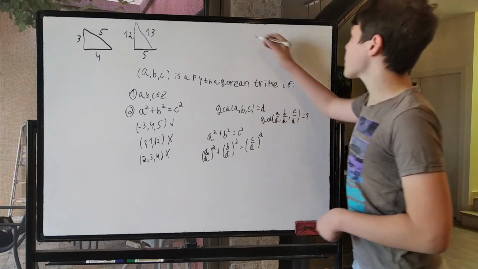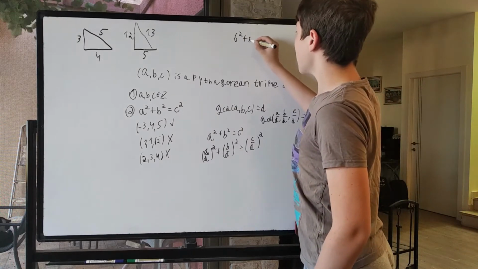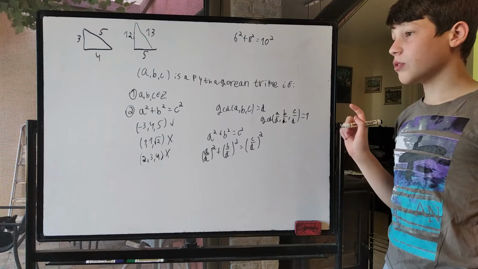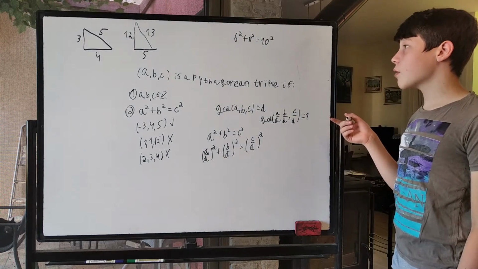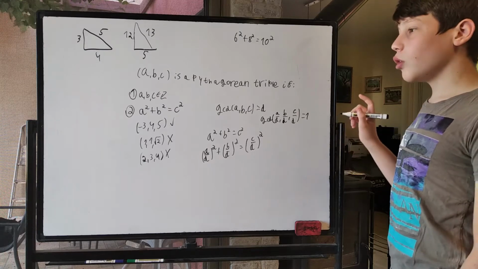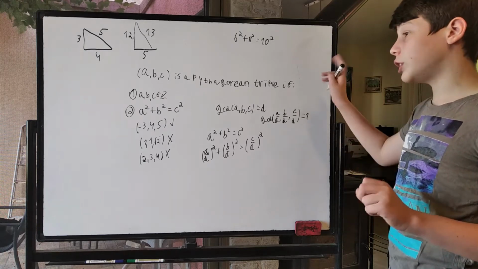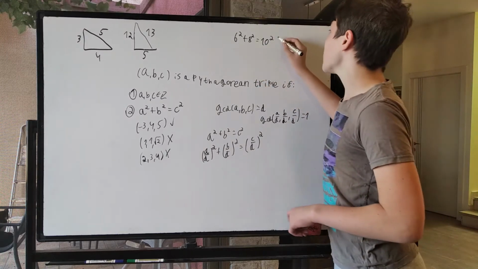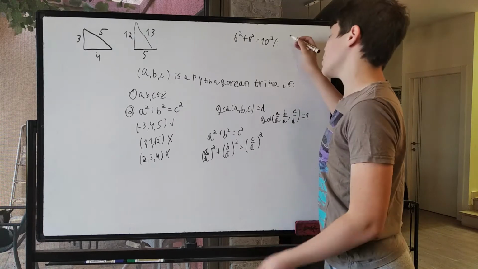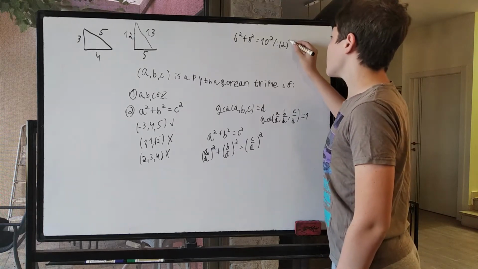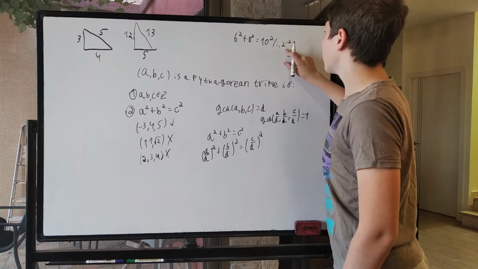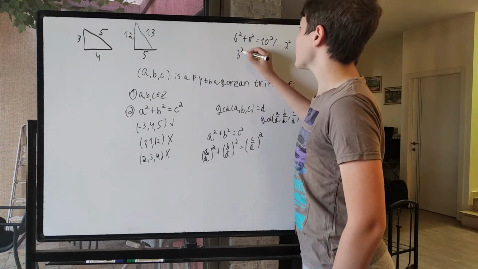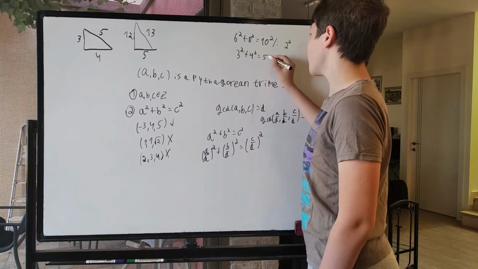So let's look at an example. 6 squared plus 8 squared equals 10 squared is not a primitive Pythagorean triple, but it's still a Pythagorean triple, and we can get the origin of this Pythagorean triple by dividing by the GCD of these three numbers, and when we divide by the GCD squared, so when we divide by 2 squared, we get 3 squared plus 4 squared equals 5 squared.